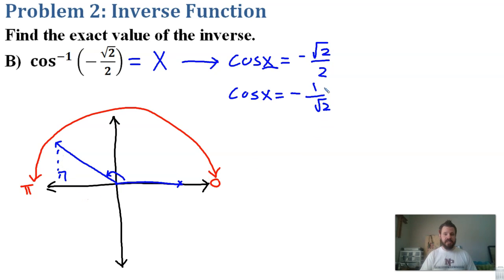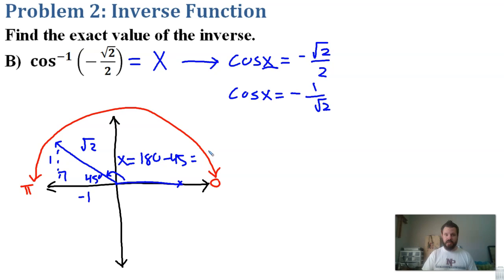We're talking cosine, so that means that the adjacent side's 1, hypotenuse is root 2. So we've got our negative 1 here, root 2. Okay, this is the 1, 1, root 2, 45, 45, 90 right triangle. Then the angle I'm talking about is actually this angle here in standard position, which is going to be 180 degrees minus 45, because we're 45 short of the 180 line here.